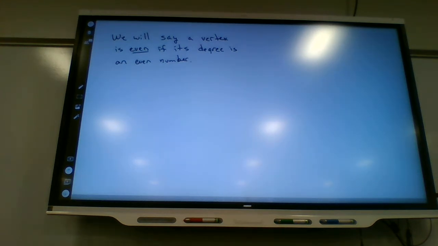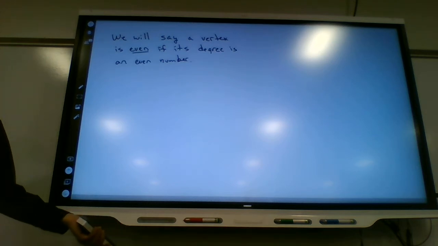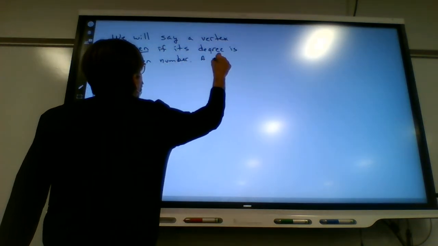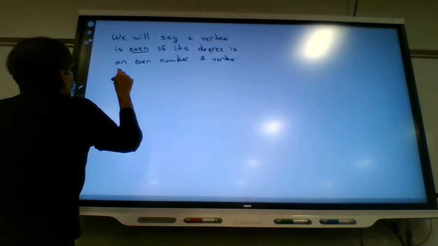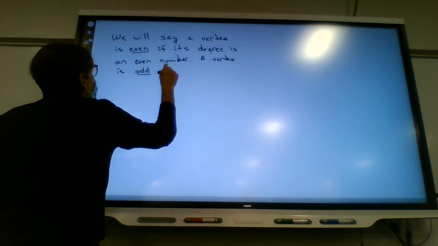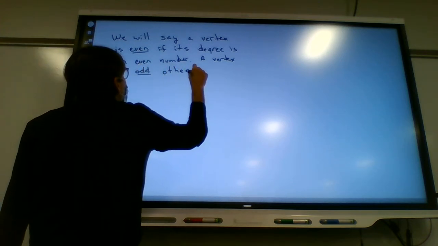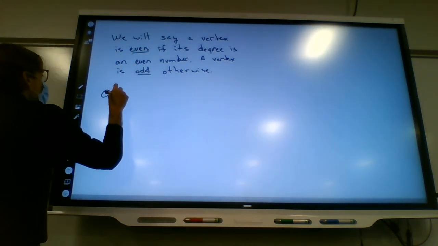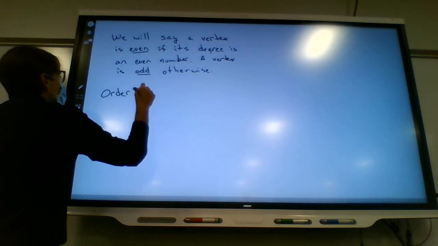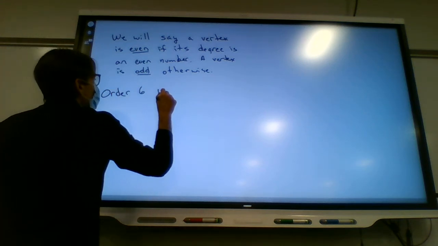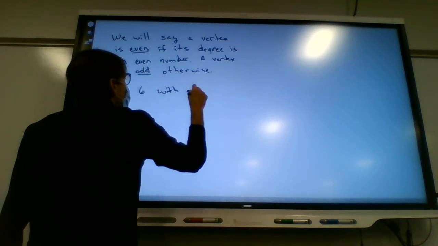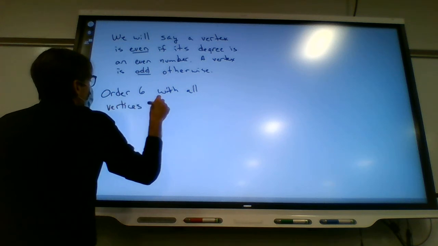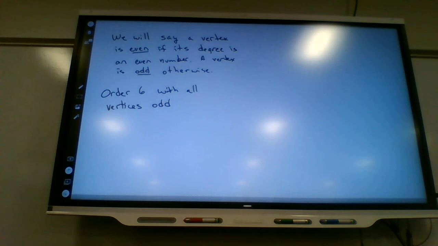And we'll say that the vertex is odd if its degree is an odd number. All right, so let's draw a graph of order 6 with all the vertices being odd vertices.